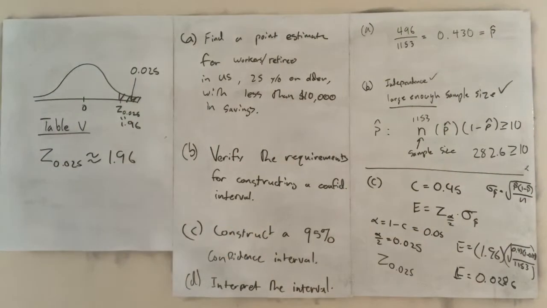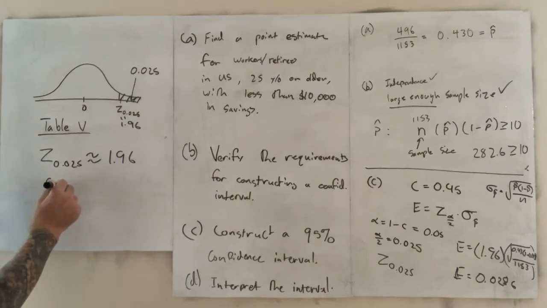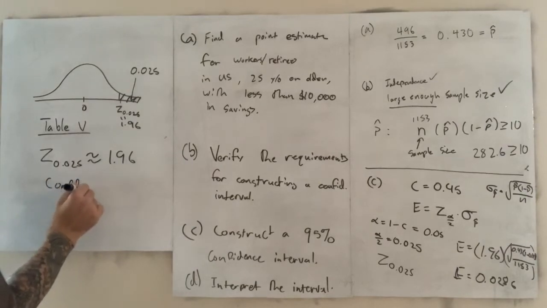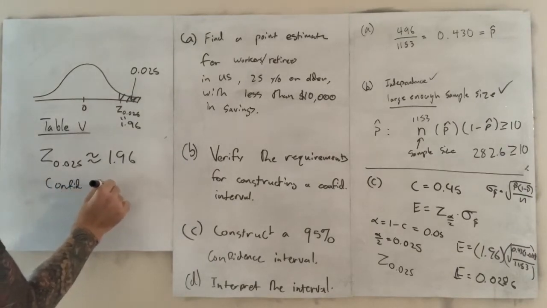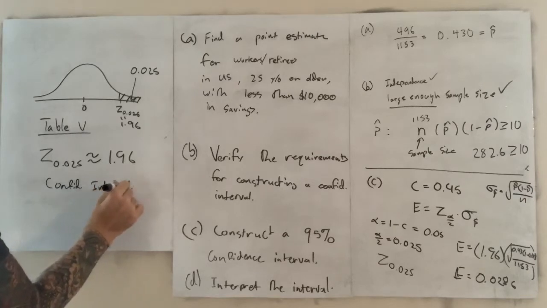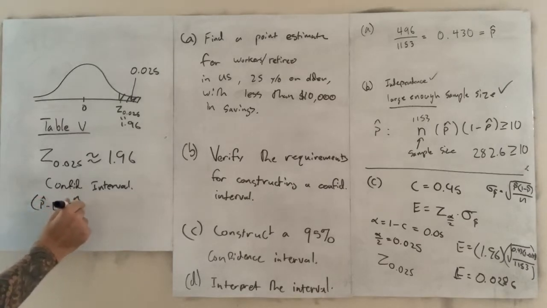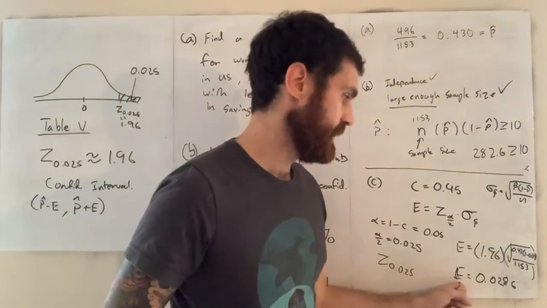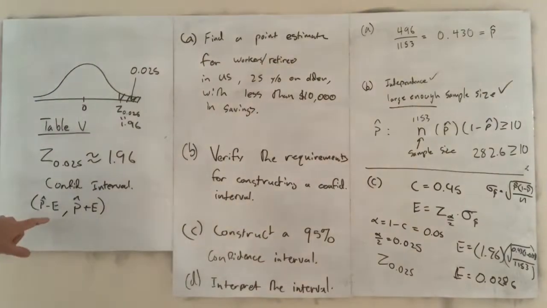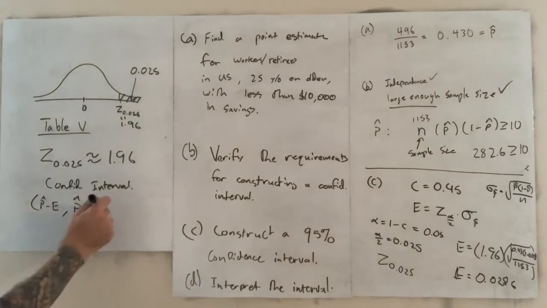Well, it means that our confidence interval is just going to be our point estimate minus the error to our point estimate plus the error. So remember, we're going to take this error and subtract it from our point estimate, and we're also going to add it to our point estimate. And that's going to be the confidence interval.